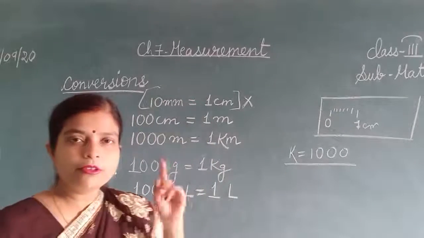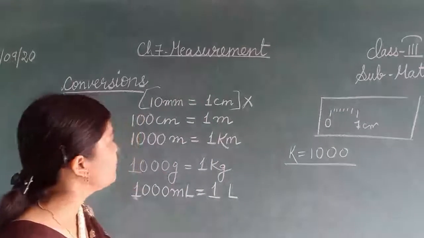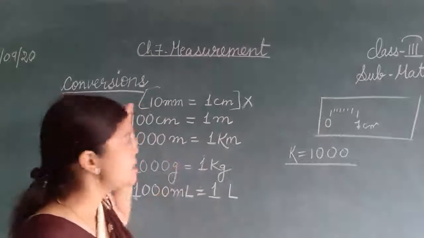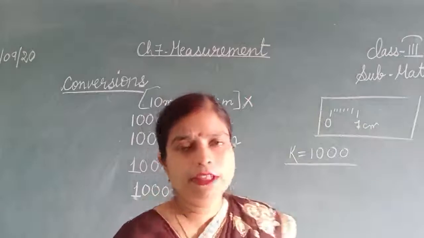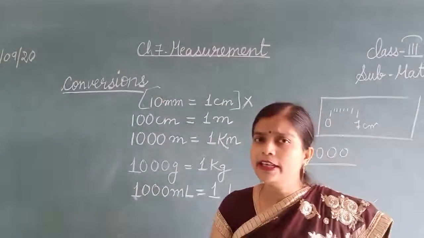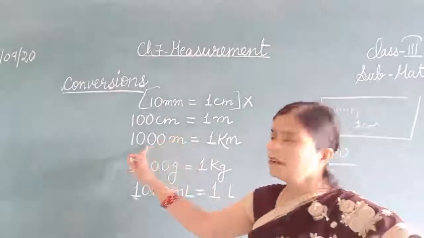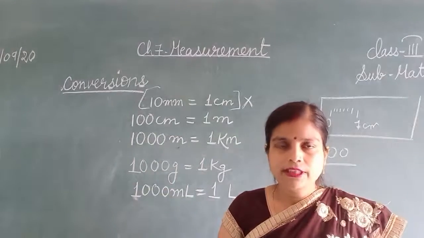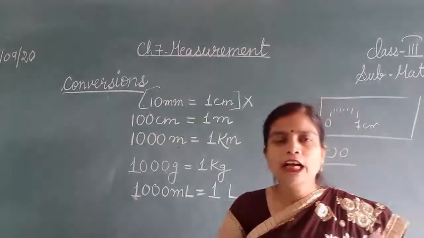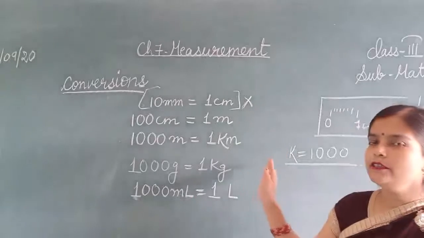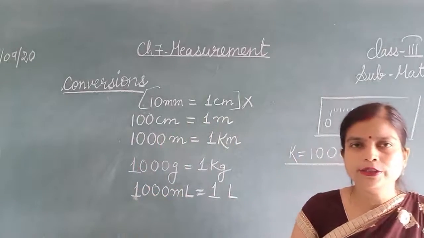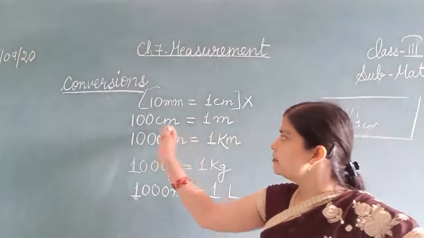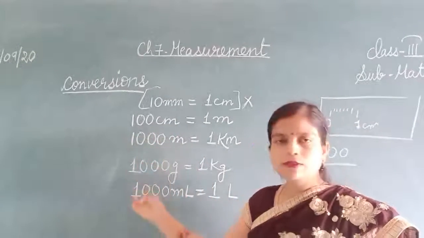And one more thing you should know: when we are converting a smaller unit into a bigger unit, we are dividing. And when we have to convert a bigger unit into a smaller unit, we are multiplying, by 100 or 1000, whatever.